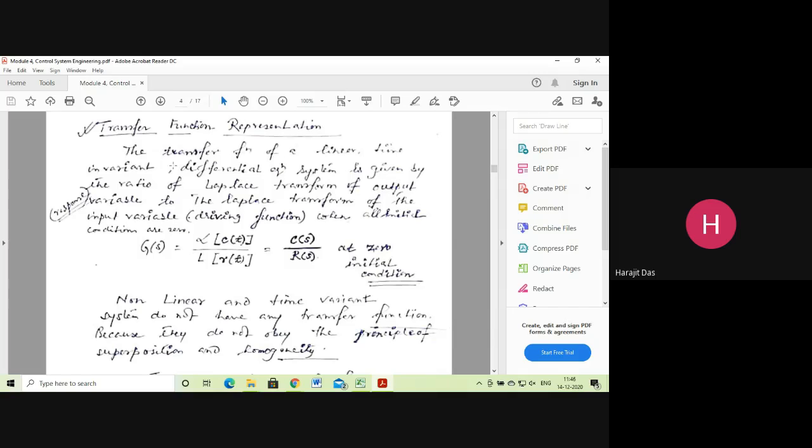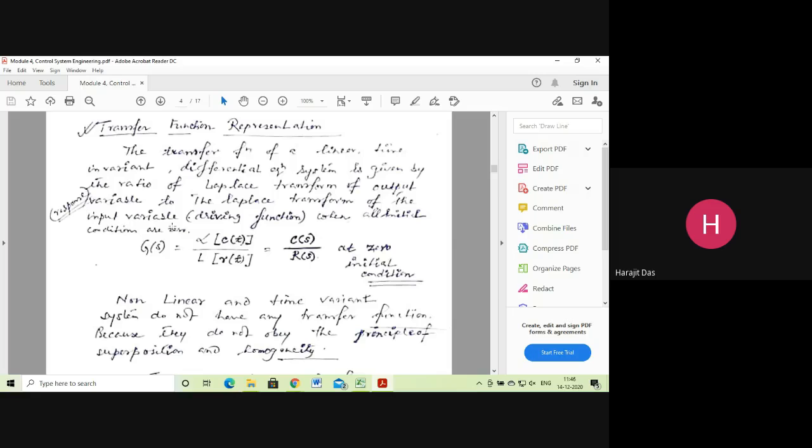So what is the definition? The transfer function of a linear time invariant differential equation system is given by the ratio of the Laplace transform of the output variable to the Laplace transform of the input variable, or the driving function.